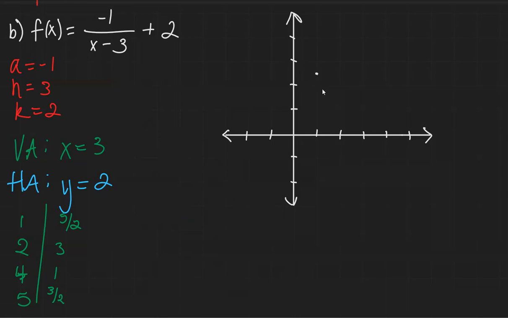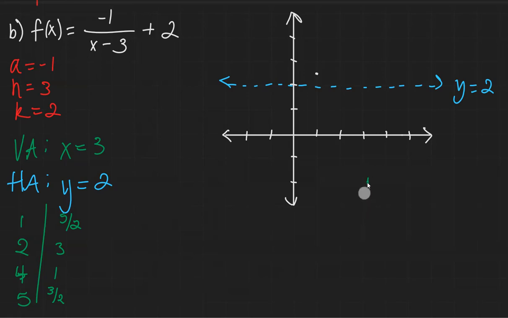Actually, before I do that, let's graph our asymptotes. Here's our horizontal asymptote, y equals 2. And here's our vertical asymptote, x equals 3.